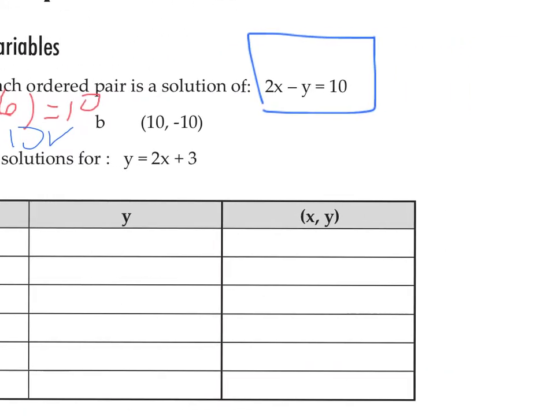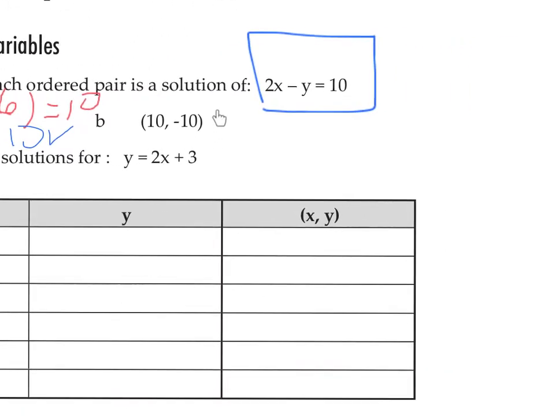Let's try it again here on letter B, where we're being asked to verify whether this ordered pair is a solution. So again, this will be x, 10, and this will be y, negative 10, and we'll plug them into this equation. So we'll have 2 times 10 minus negative 10 equals 10.